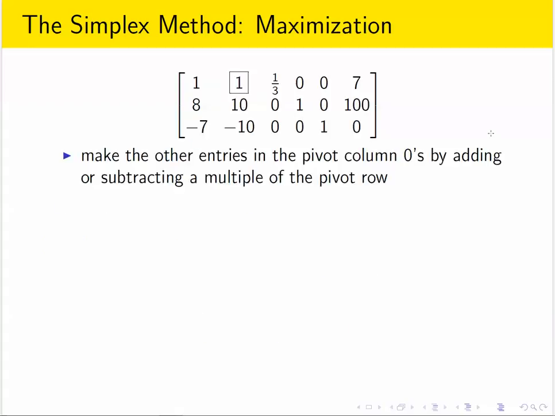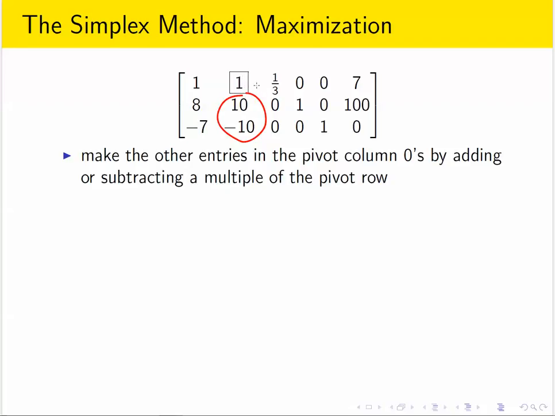So the next step is to make the other entries in that pivot column into zeros, and to do that by adding or subtracting the appropriate multiple of the pivot row. And so now we can see why it might be useful to have a pivot that's a 1.